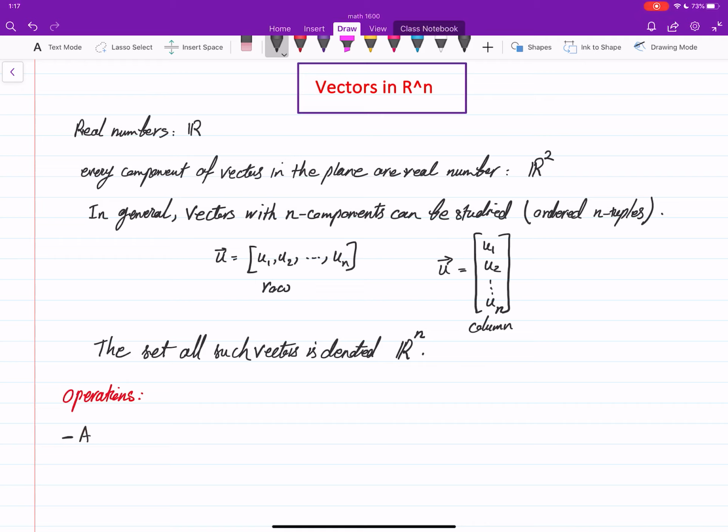So, for example, vector addition would be, if I add u1, u2 up to un to v1, v2 up to vn, you add the first component u1 to v1, u2 to v2, and up to un plus vn.